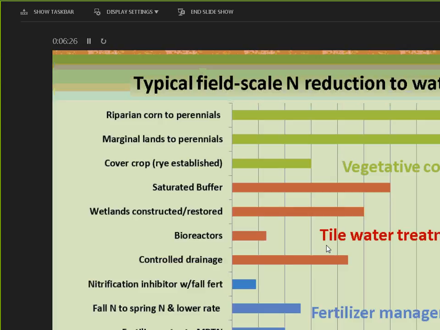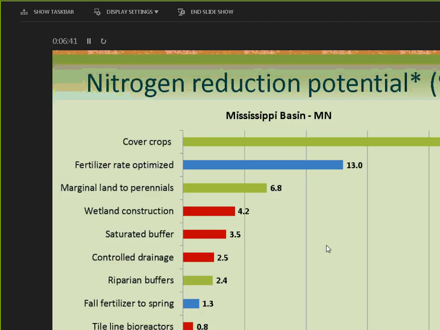These are field scale reductions, but often we're not looking for field scale reduction. We want to find out how much reduction we can get in a watershed if we adopt these BMPs at certain levels. In this case, 80% of the suitable lands for each of the BMPs were modeled using the N-BMP tool, and this shows you the results of that.